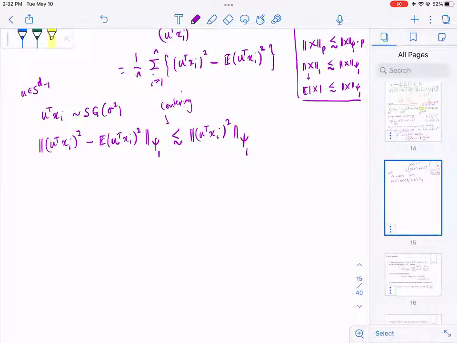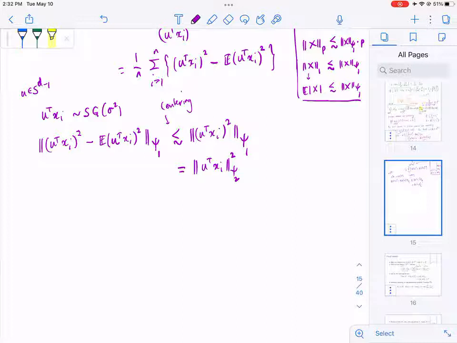Good. And then you were saying, what was the next step? Psi1 norm of square, if you recall. Yes, so this calculus that is in the HDP book is very useful. This is actually equal to the sub-Gaussian norm squared.